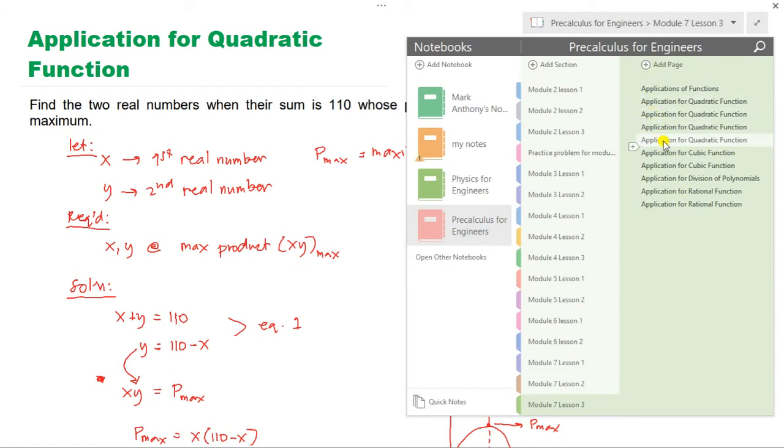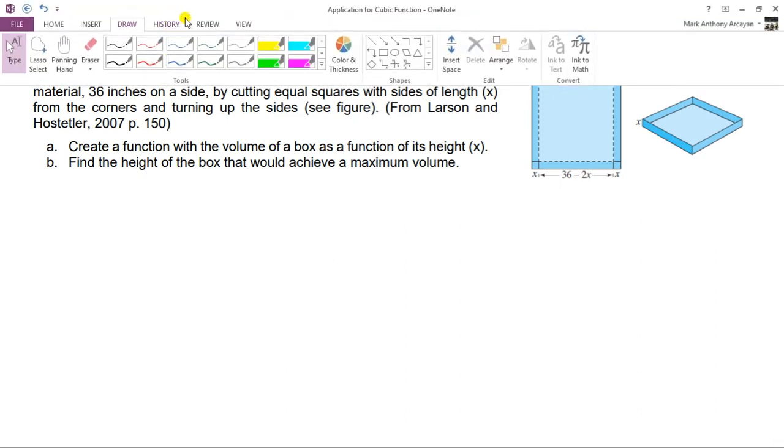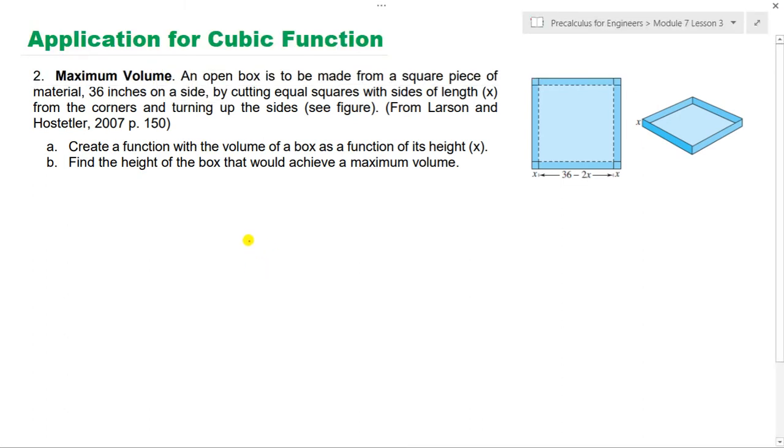Since we are already done with quadratic functions, let's try solving cubic functions. To solve a cubic function, class, we should have an understanding of the graph of a cubic function, because a cubic function, unlike a quadratic function, has two characteristics in a single graph.